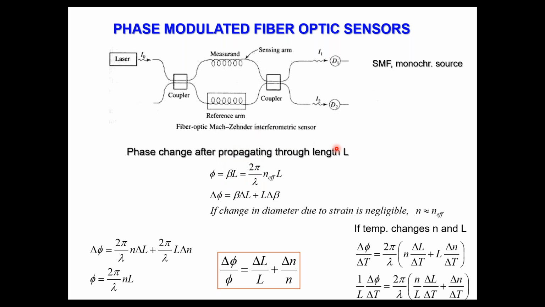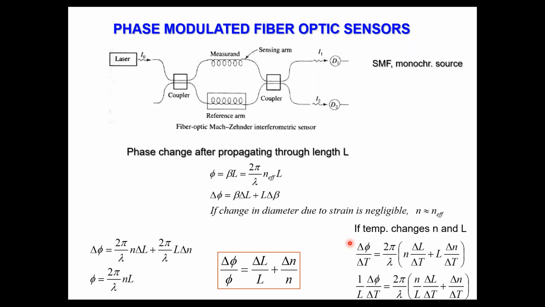I'm not going into the details of the theory, but there is a phase difference that is generated because of the interaction of this part of the fiber with the measurand, and that can be very well monitored by measuring the outputs I1 and I2.